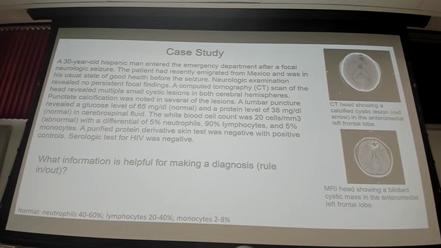Okay, what were some things that you guys pulled out of that vignette? We'll jump straight to the diagnosis. What are some details that would be important for you as clinicians to pull out?